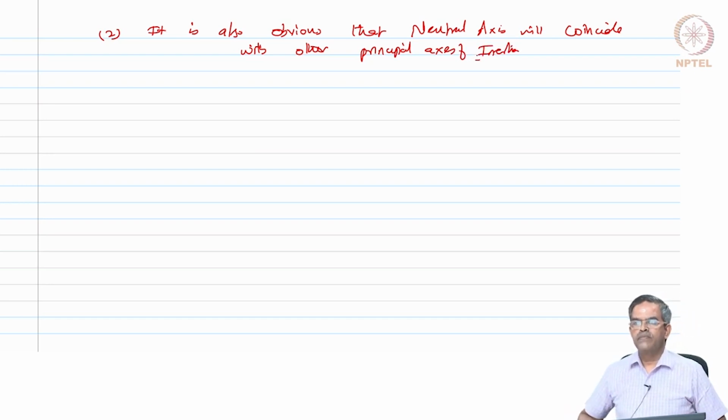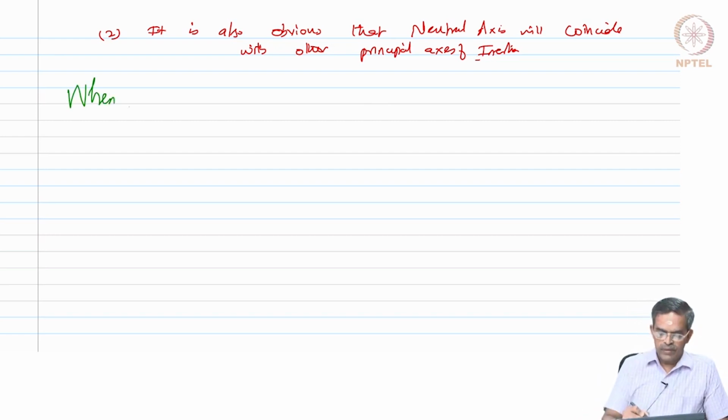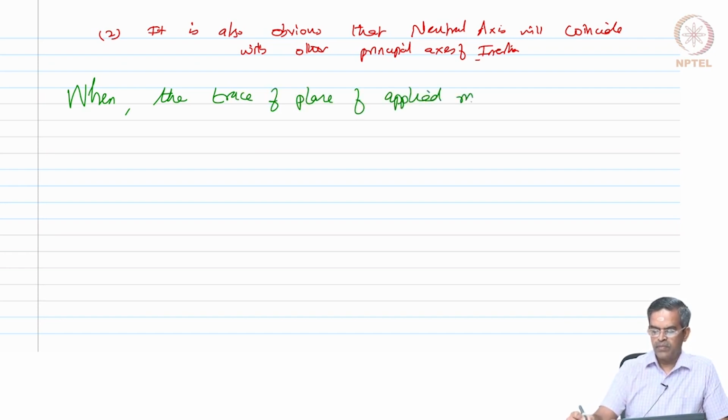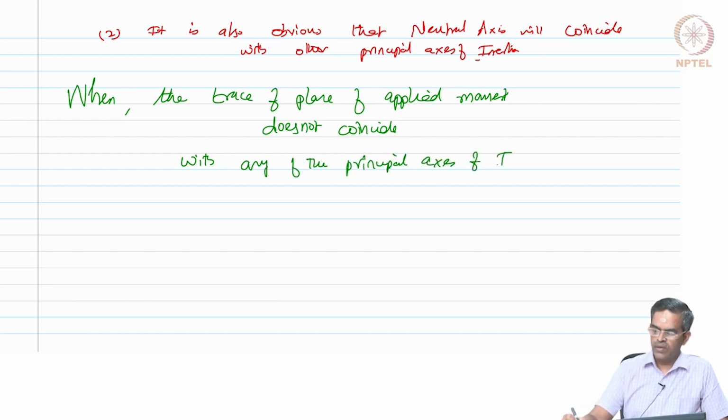So, therefore, friends, when the trace of plane of applied moment does not coincide with any of the principal axis of inertia, then it is called unsymmetric bending.